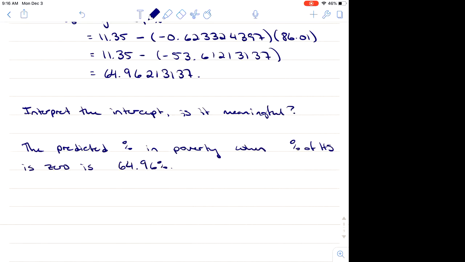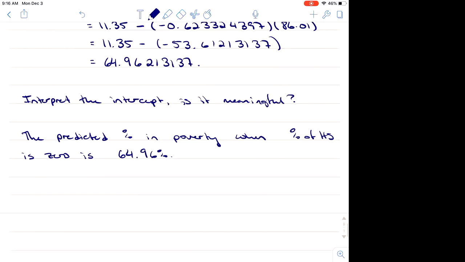Is this meaningful? Are we ever going to have a state with a 0% high school grad rate? Probably not, hopefully not, right? Unless they move to some sort of other educational system, but then this doesn't apply anyways, right, as a metric.